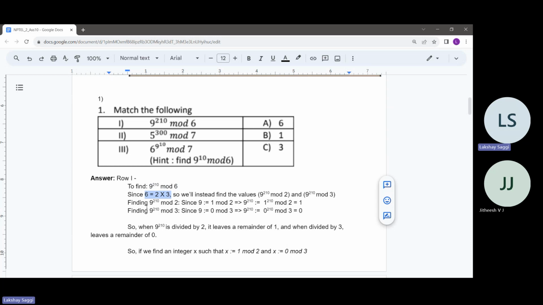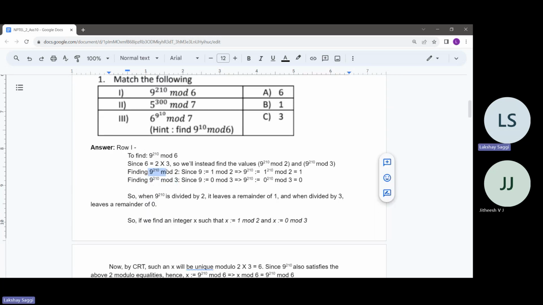Then we find 9 raised to the 210 mod 2 and 9 raised to the 210 mod 3. Finding these two values is quite easy. 9 raised to the 210 mod 2 is equal to 1, and mod 3 is equal to 0. So when 9 raised to the 210 is divided by 2, it leaves a remainder of 1, and when divided by 3, it leaves a remainder of 0.